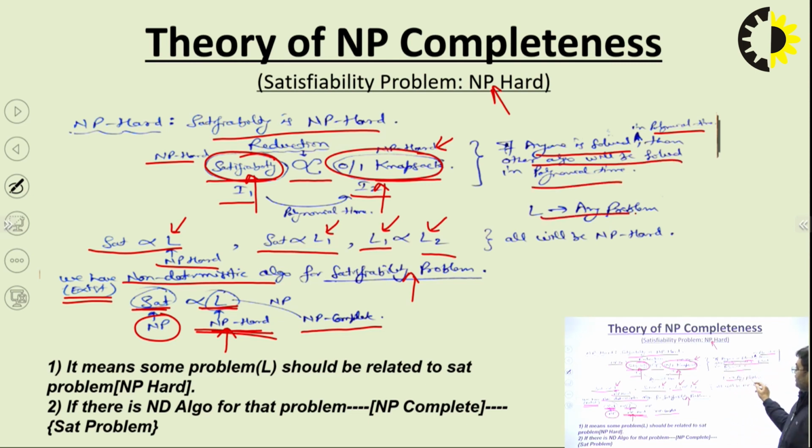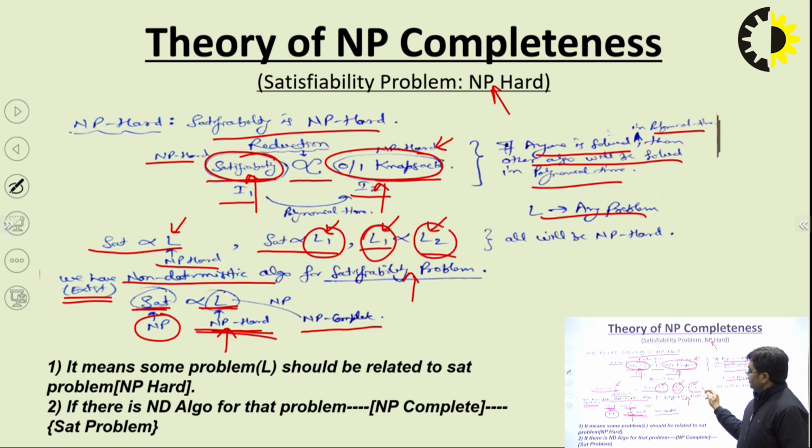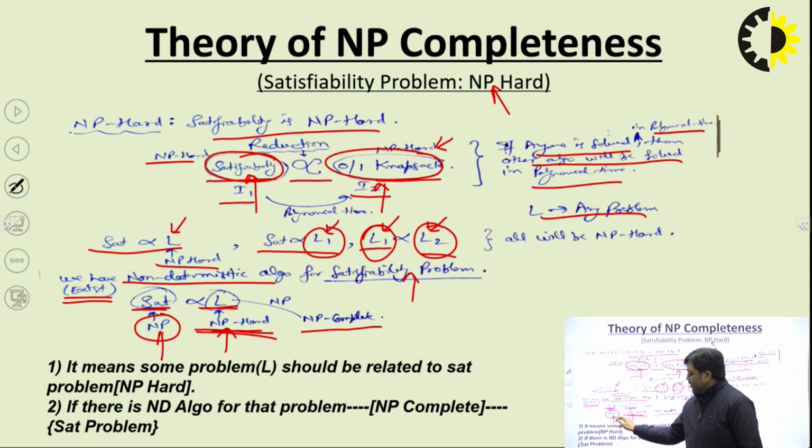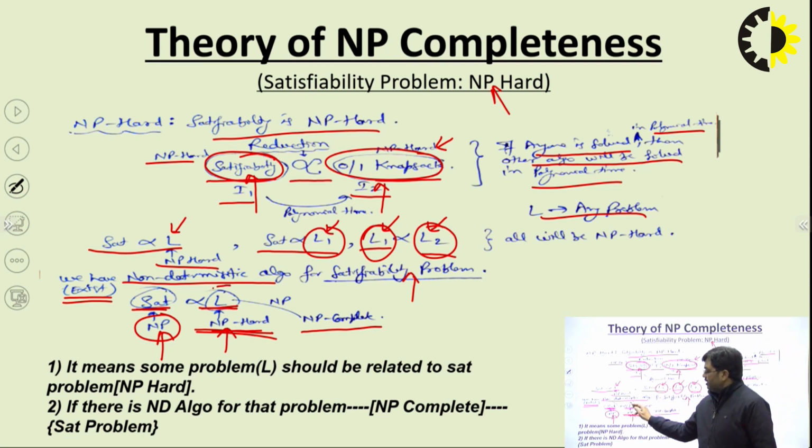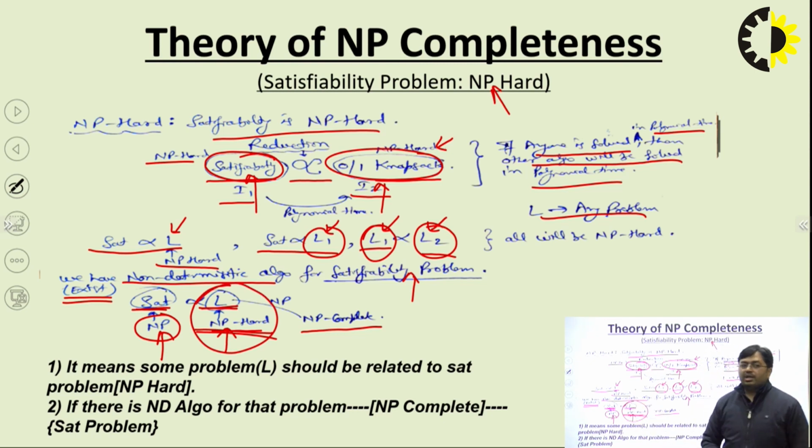So satisfiability can be reduced to an L1 problem, and L1 can be reduced to another L2 problem. Means any non-deterministic polynomial time algorithm can be reduced to some problem. It means it is NP hard.